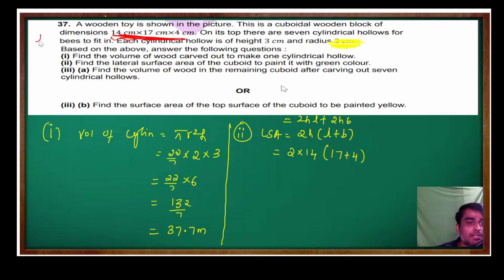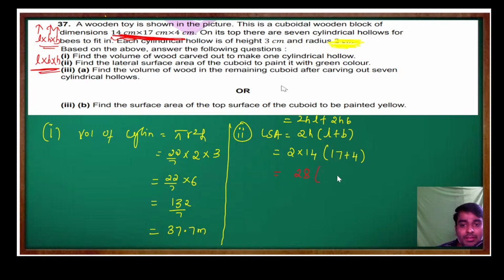This order is L into H into B. Means first number is L, second number is H, third number will be B. So you can take anything, no problem. But the order is LBH, not LHB. LBH, length, breadth, height, like that.